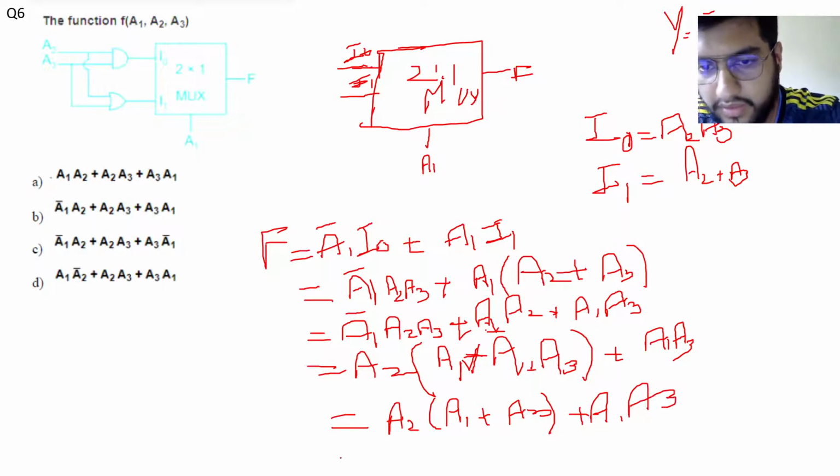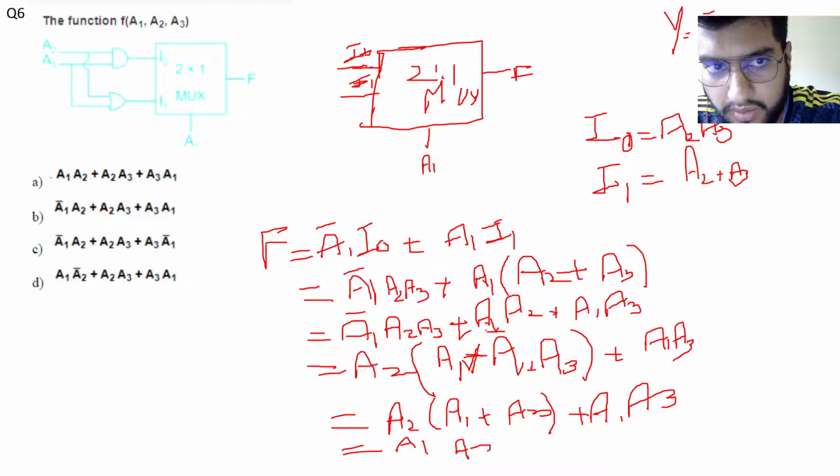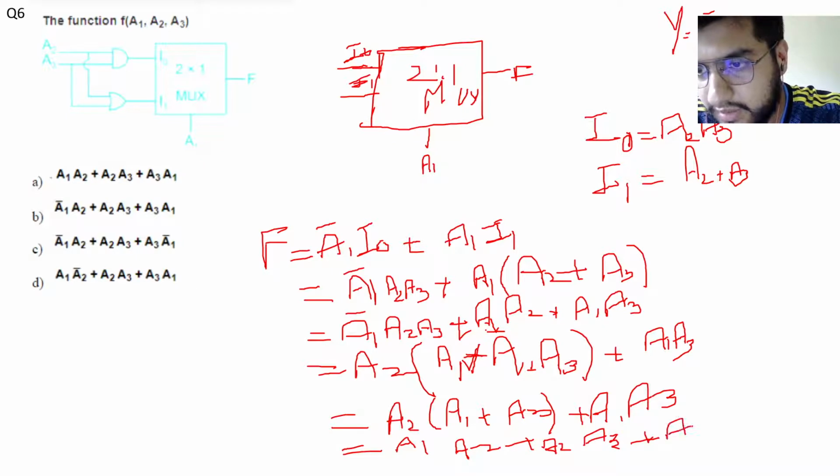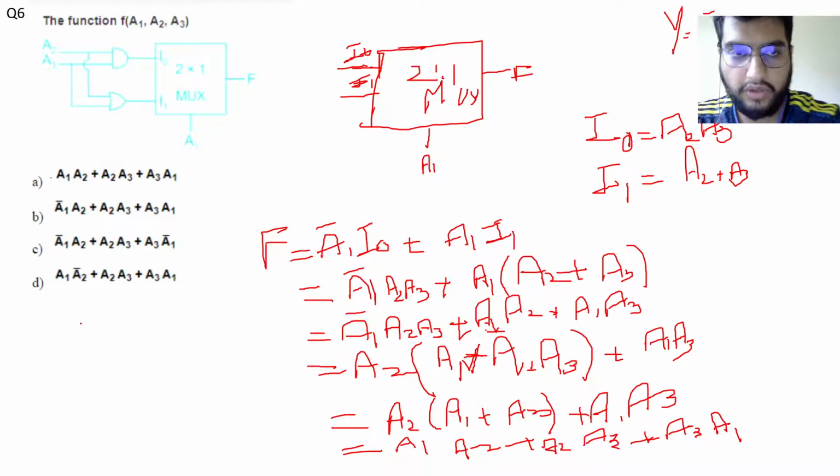So my final answer will be A1 A2 plus A2 A3 plus A3 A1. If you carefully look at this, this is option A: A1 A2 plus A2 A3 plus A3 A1.